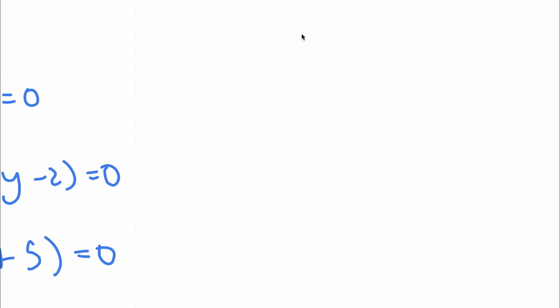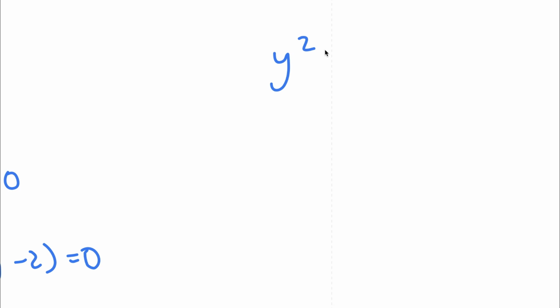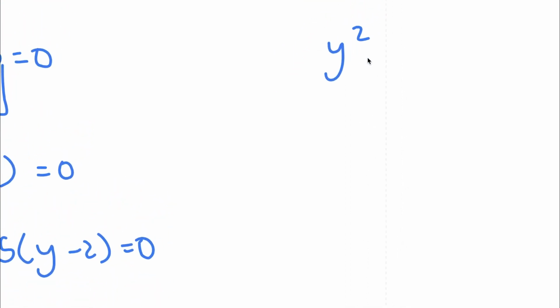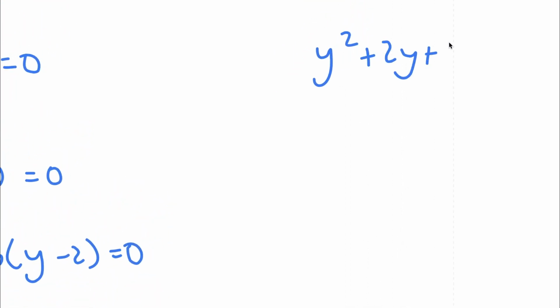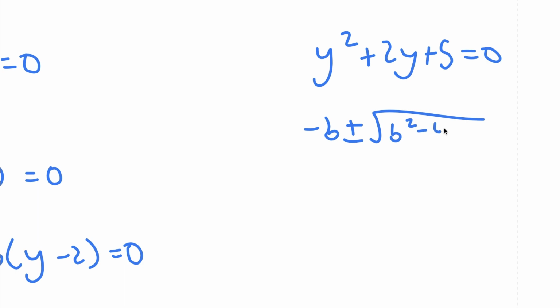So let me go over here. I have y squared plus 2y plus 5 is equal to 0. The quadratic formula is negative b plus or minus the square root of b squared minus 4ac over 2a.